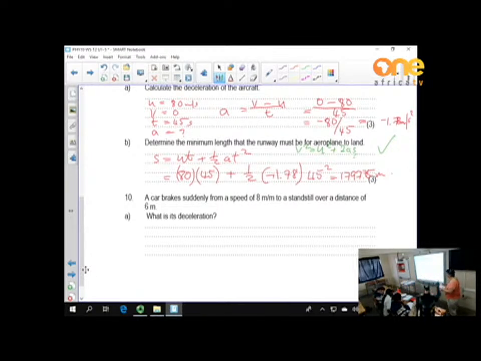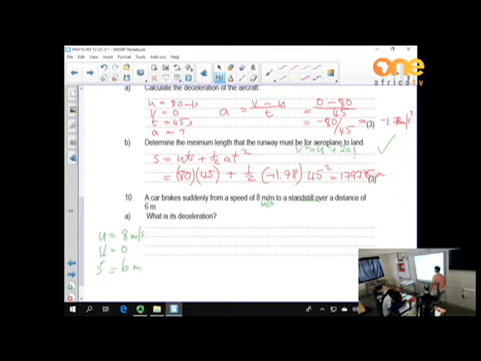A car brakes suddenly from a speed of 8, here's a typo, meters per second, all right, to a standstill. So what is initial velocity? Yes, 8. What is final velocity? 0, yes, to a standstill over a distance of 6 meters.